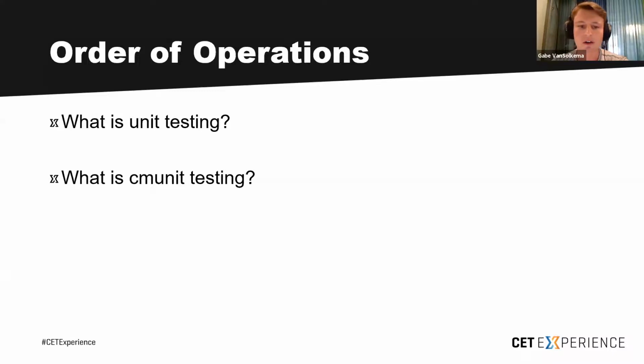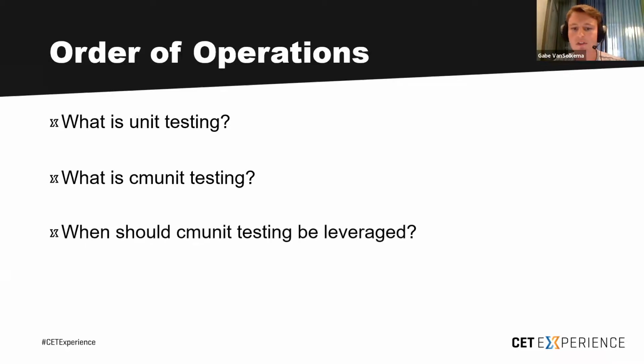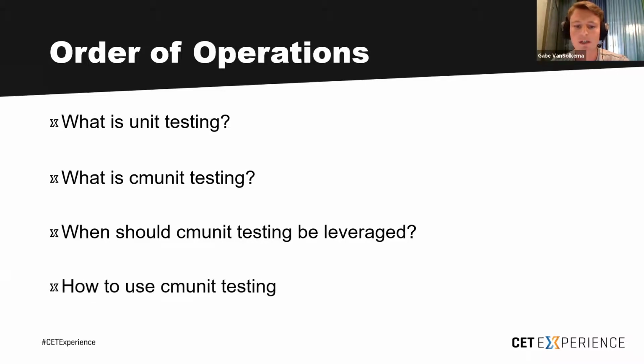What's different about our CM unit testing relative to how unit testing works elsewhere? When should CM unit testing be leveraged? So when is this something that you guys might want to take advantage of? And then obviously, how do you use it? So how can I actually go ahead and implement CM unit testing in my code?